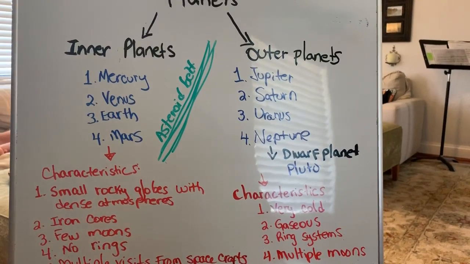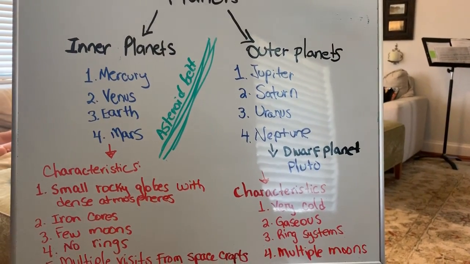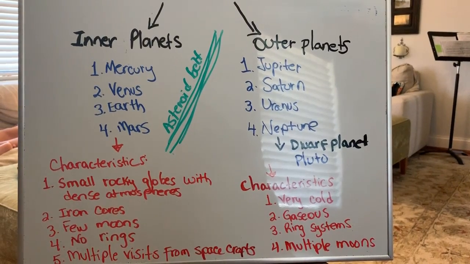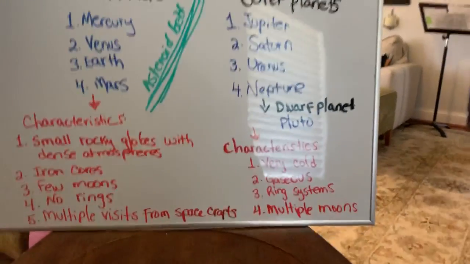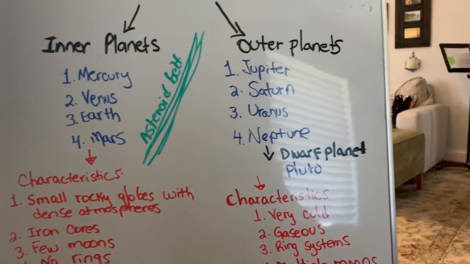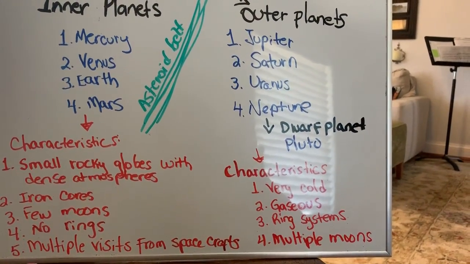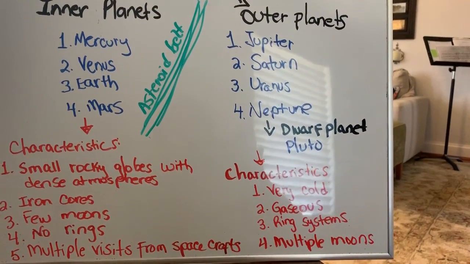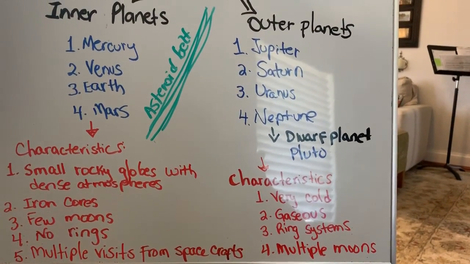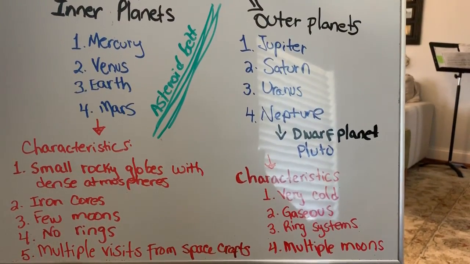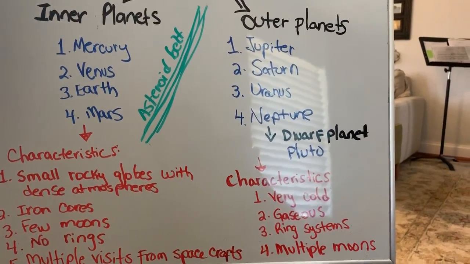And what are the characteristics of the inner planets? They are small, rocky globes with dense atmosphere. They have iron cores. They have very few moons, no rings, and they get multiple visits from spacecrafts.